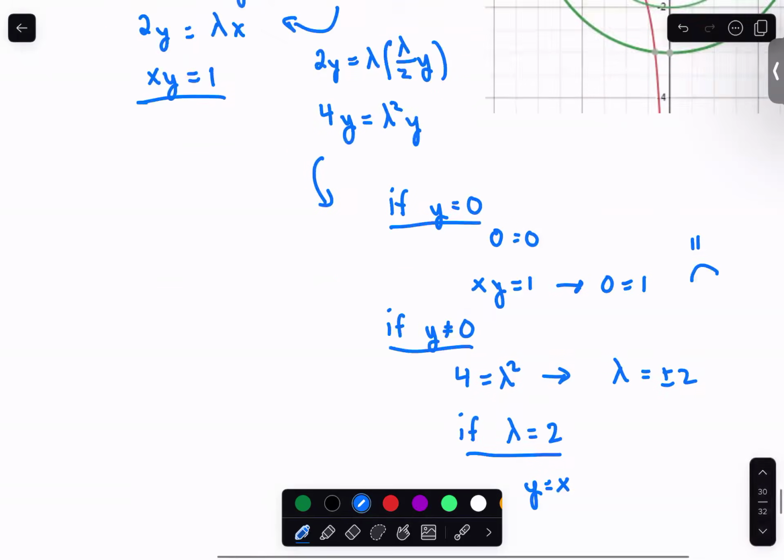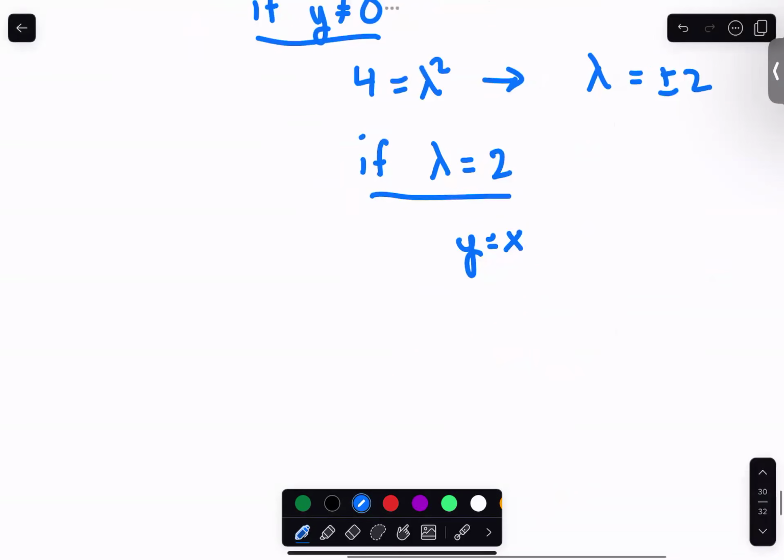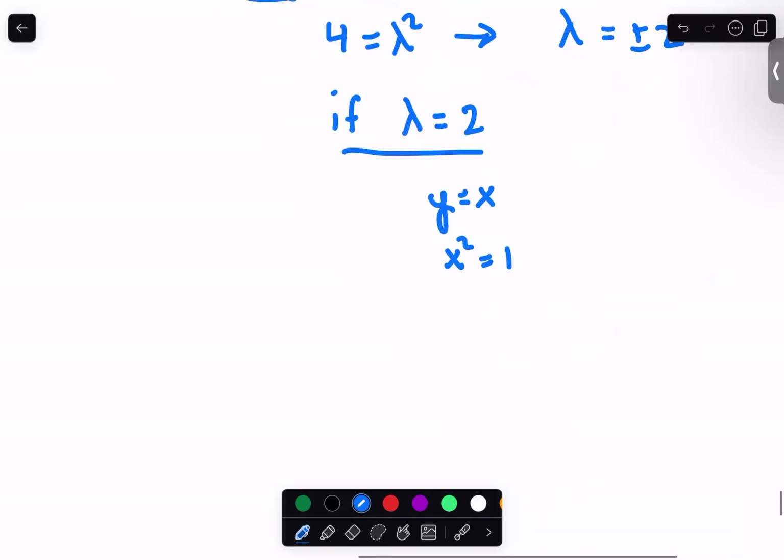Plugging that into my third equation, which says that x times y has to be equal to 1, and just doing some substitution here, that's going to tell me that either I could write x squared is equal to 1 or y squared is equal to 1. So this tells me that x is going to be equal to plus or minus 1, which tells me that I have 2 points, right?